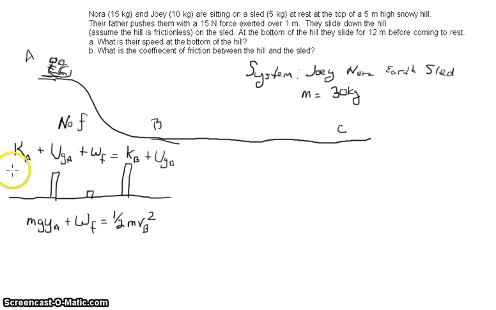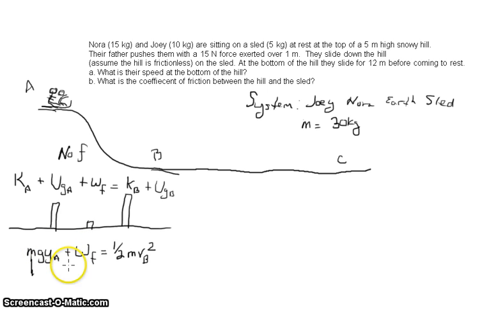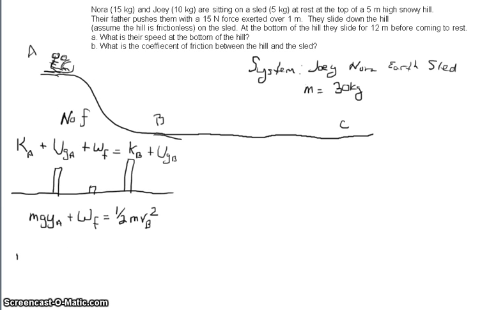So, if we calculate the gravitational potential energy at part A, it would be 1500 joules.